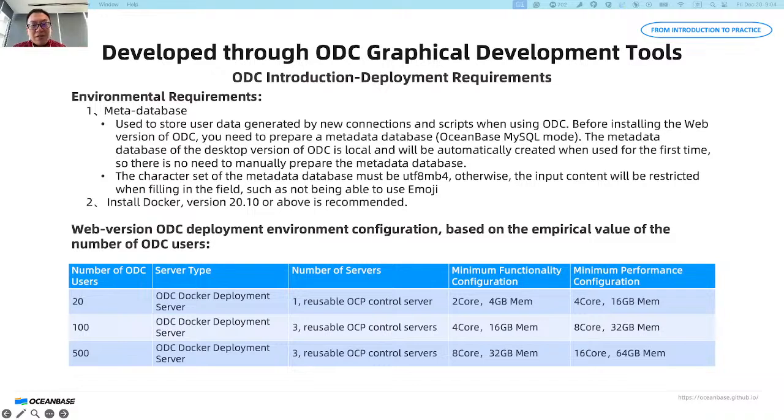The character set of the metadatabase must be UTF-8. The second one is to install Docker. In addition, we also have recommended values for ODC's resource requirements, such as CPU, memory, and others, which are shown in the table below.